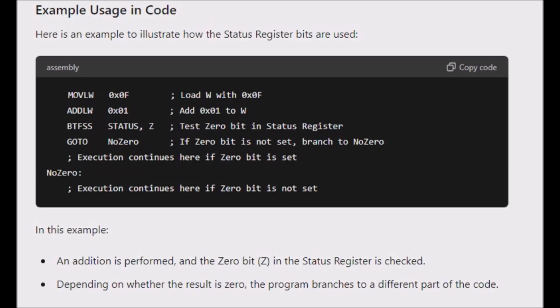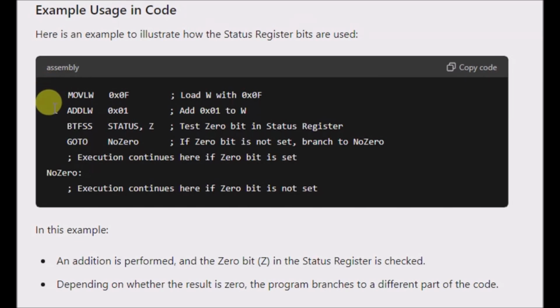Alright, so here's some sample code which should help give an idea of what the status register does. Example usage in code. Here is an example to illustrate how the status register bits are used. MOVLW 0x0f. Load W with 0x0f.